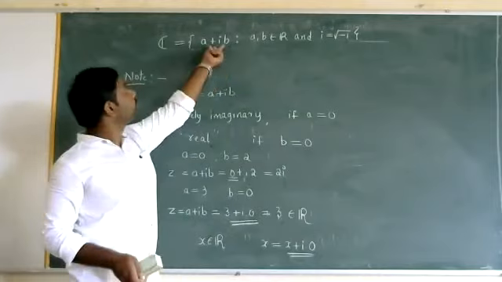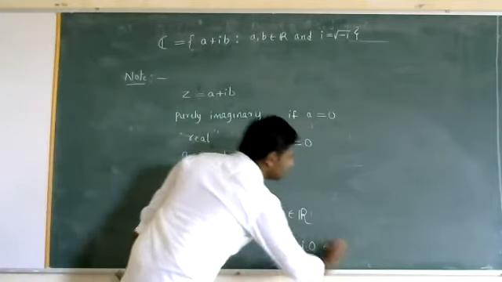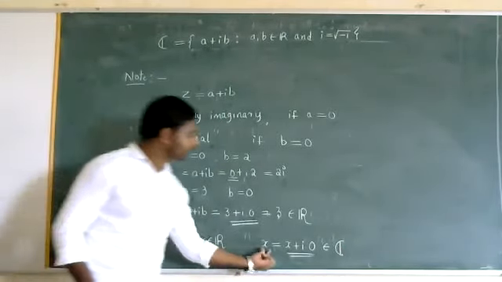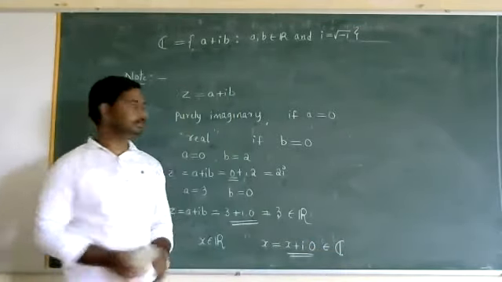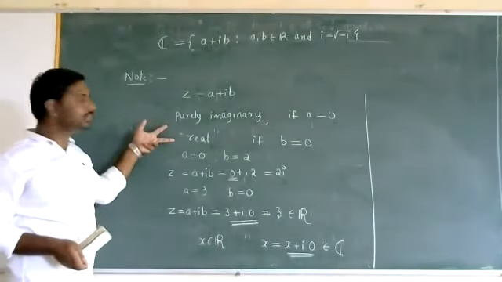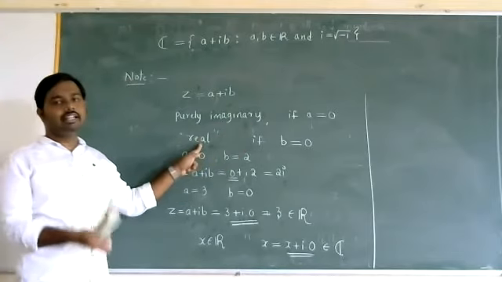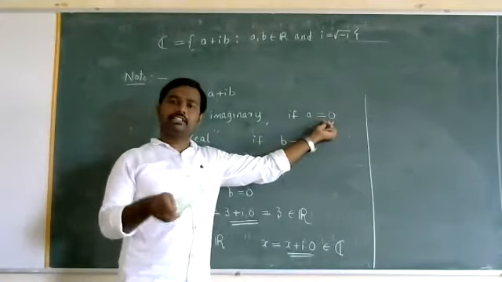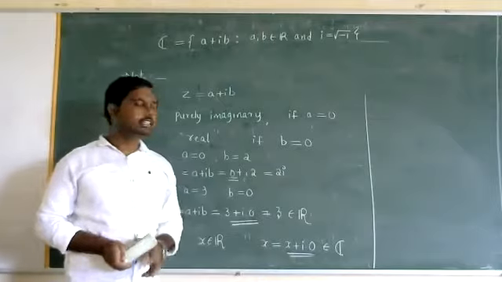So it is a complex number. Every real number is a complex number. And in the set of complex numbers, we have two types: purely imaginary complex numbers and real complex numbers. Purely imaginary means the real part has to be 0. Real means the imaginary part has to be 0.